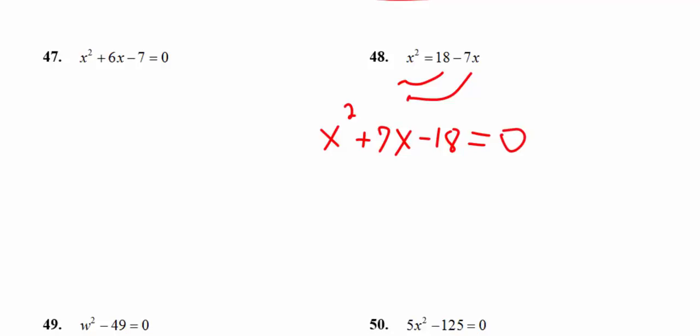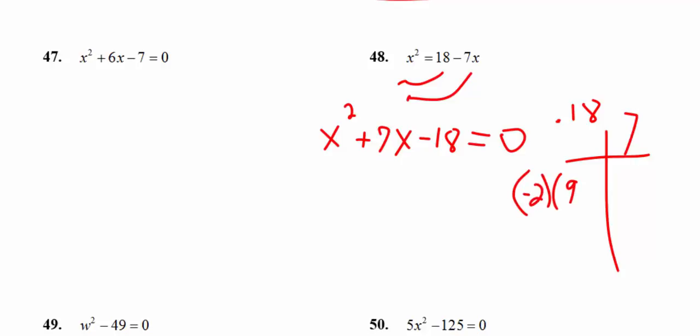Okay, and then this is where you'd say, all right, what two numbers when multiplied result in negative 18, but when added result in positive 7? So I'm thinking maybe 6 and 3 or 9 and 2. So if we were to use negative 2 times positive 9, that would give me negative 18.